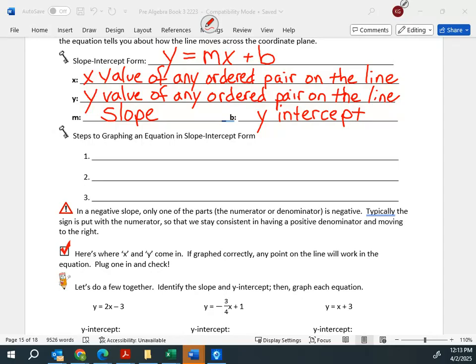So we have steps to graphing an equation in the slope-intercept form. Step number 1, you're going to plot the y-intercept.